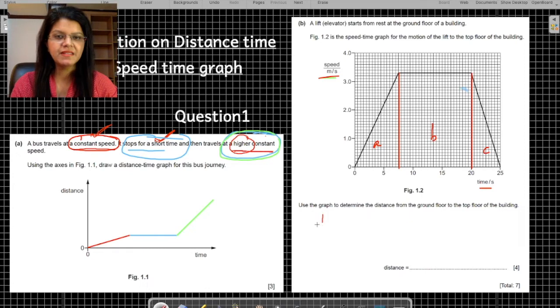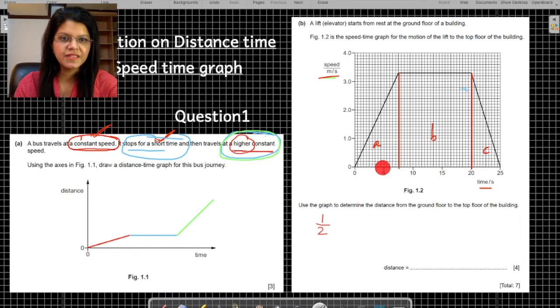How much do you think is the area of A? It is a triangle. Half times the base of the triangle. The base of the triangle, how much is the base? Let us check it out. So it is 5 here, 6, 7, 7.2, 7.5.